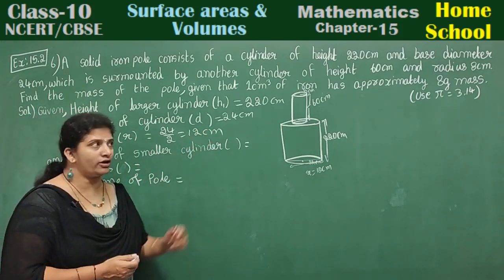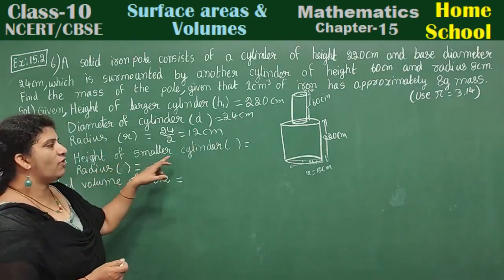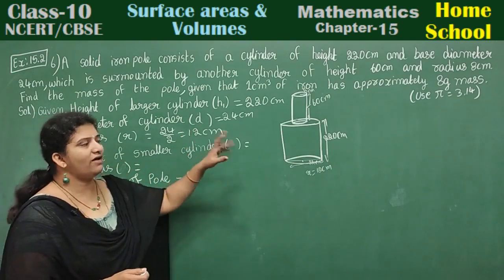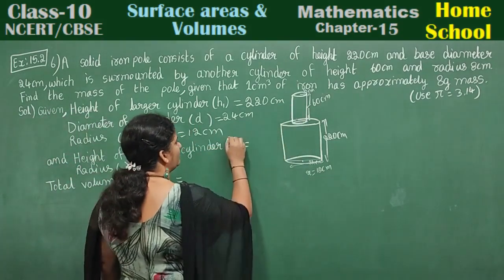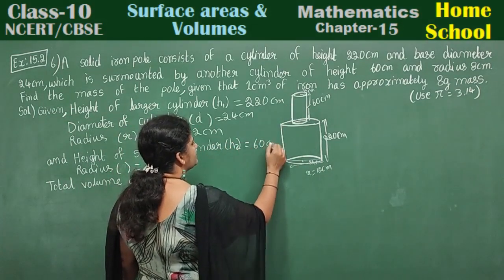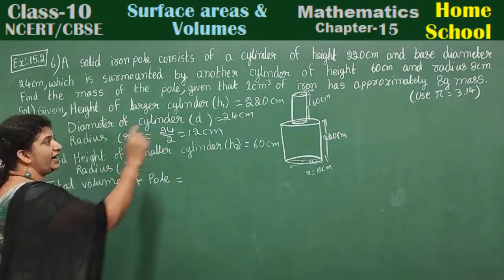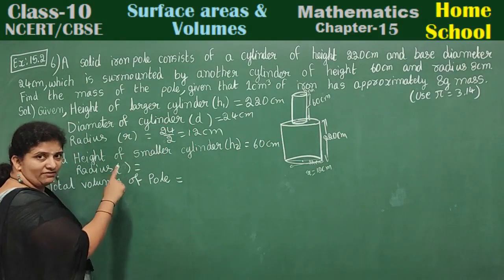Next, we are going to talk about the smaller cylinder. And height of smaller cylinder, both having heights. So, we are going to differentiate this with H1 and this with H2. Height of smaller cylinder is equal to 60 centimeters. Radius, this is having radius and this is also having radius.